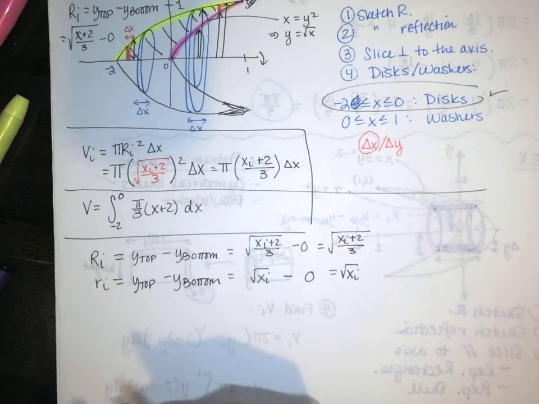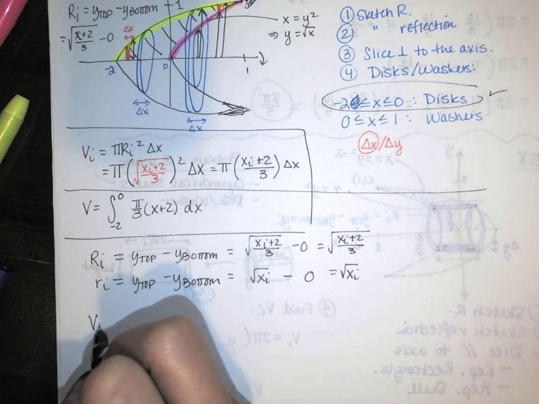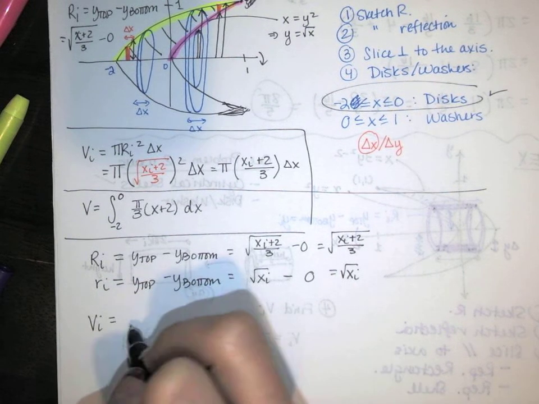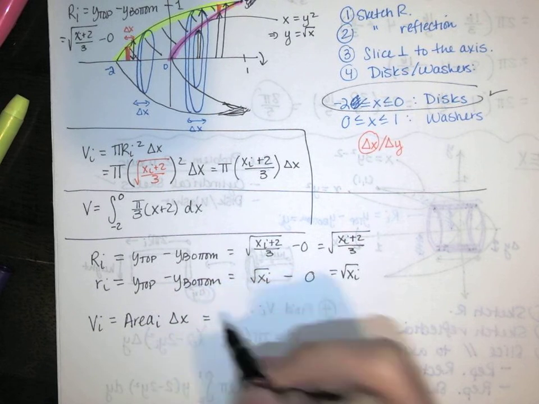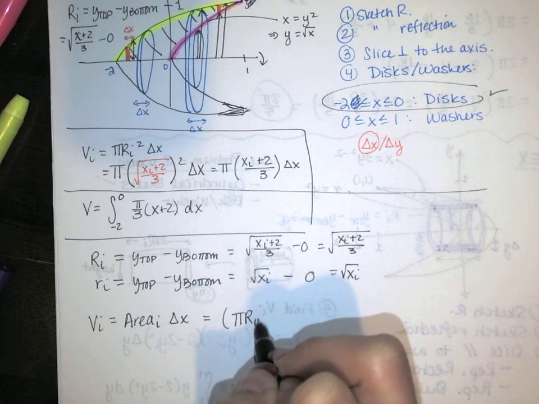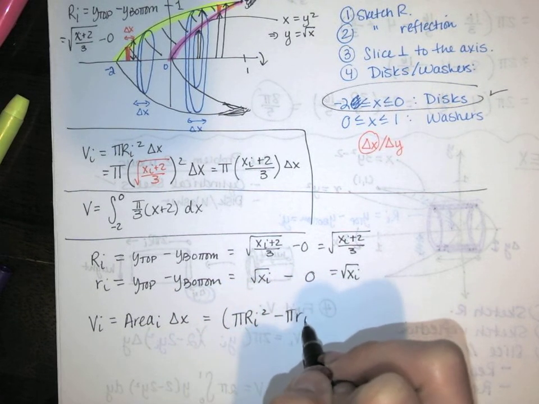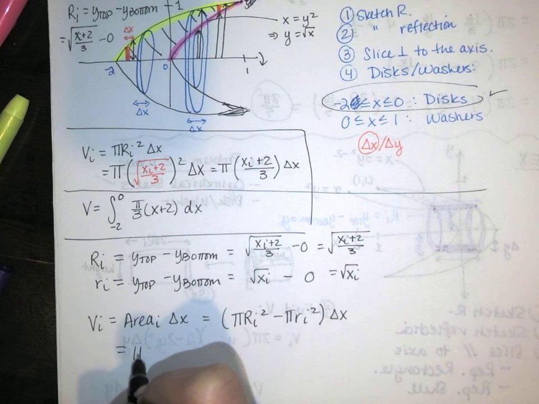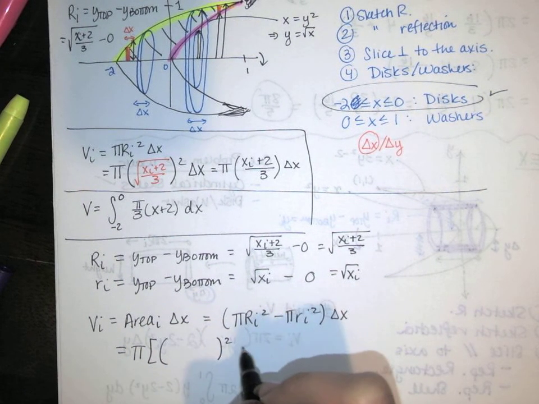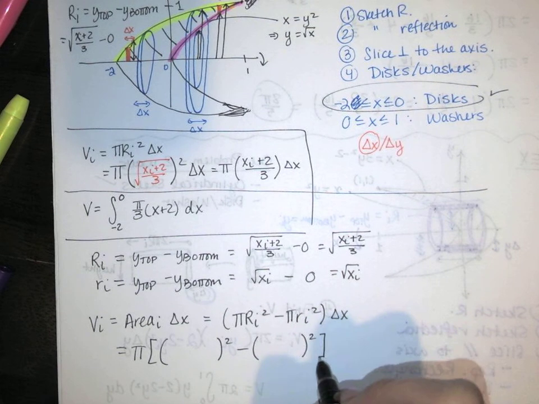Alright, so the second integral, well, before we go there, the volume of the washer is the area of the washer times delta x. And the area of the washer is the area of the large circle minus the area of the small circle times delta x. You can factor out the pi if you want to. And we just need the outer radius squared and the inner radius squared.